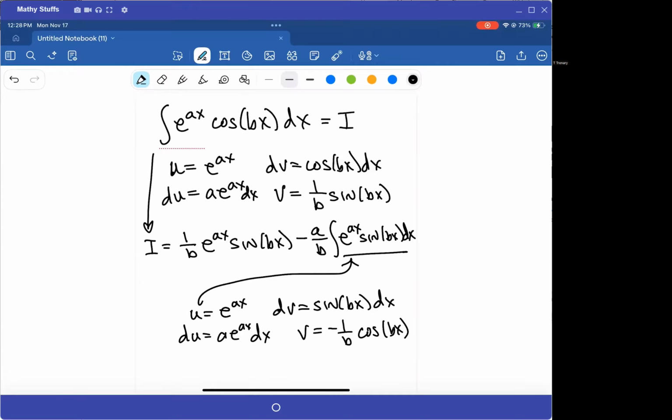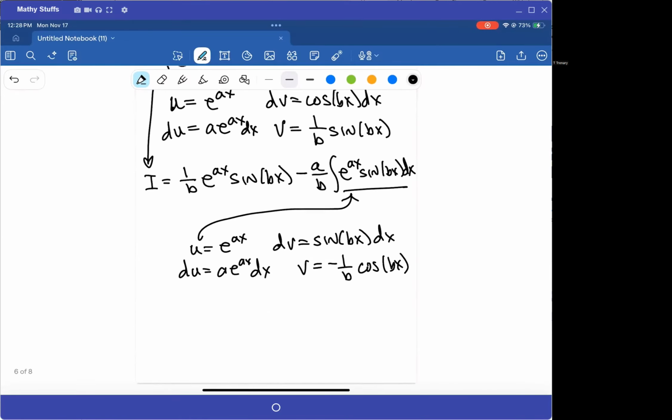You should think about why there's that sign change. And so now I'm going to rewrite that integral. And that integral is still all multiplied by a over b.